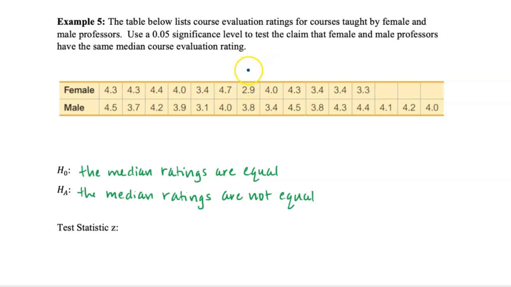I'm going to circle these ranks as I find them, because I remember that if I have any ties, then my rank is just going to be the mean of those ranks. Now let's find the next smallest value. I've got a 3.1. Is anything smaller than 3.1? No, so 3.1 is number 2.